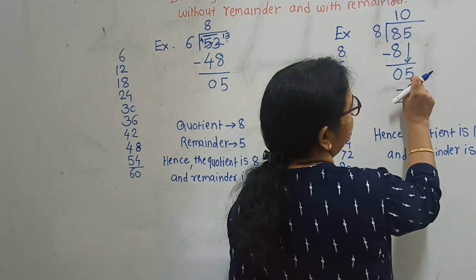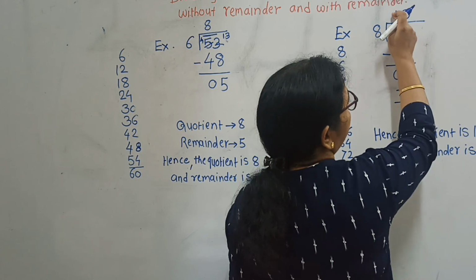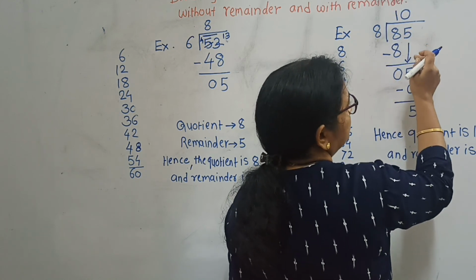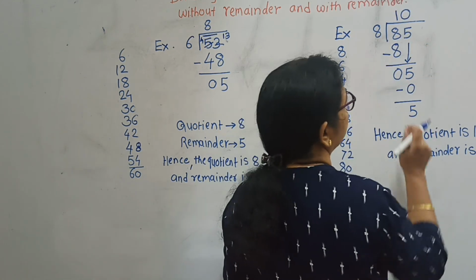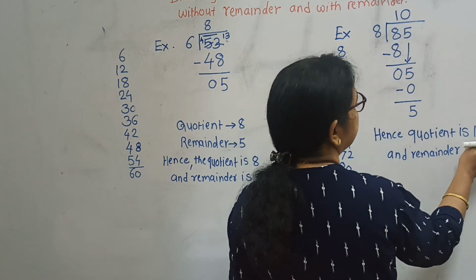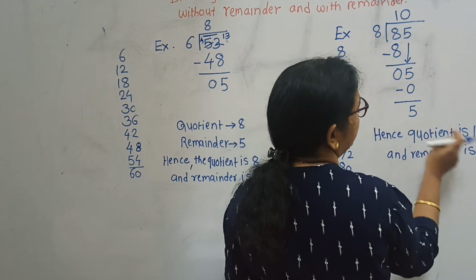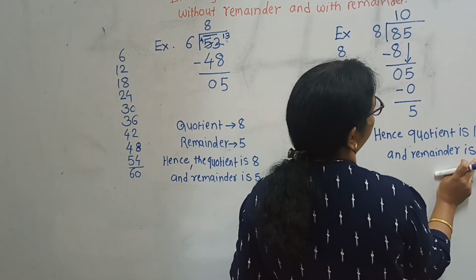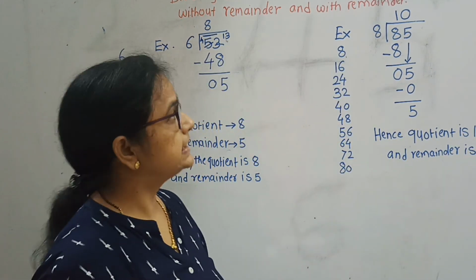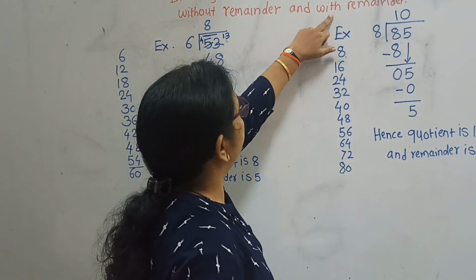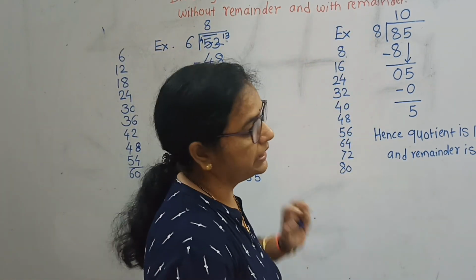Okay. Don't stop here, then your quotient is only 1. Yes, and it is wrong. Now see, quotient is 10, and remainder is 5. Okay. This is the example with remainder.